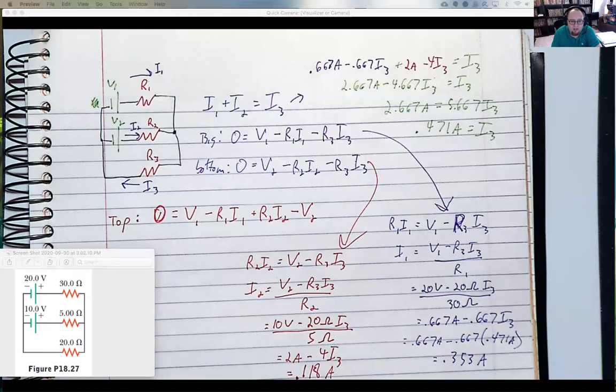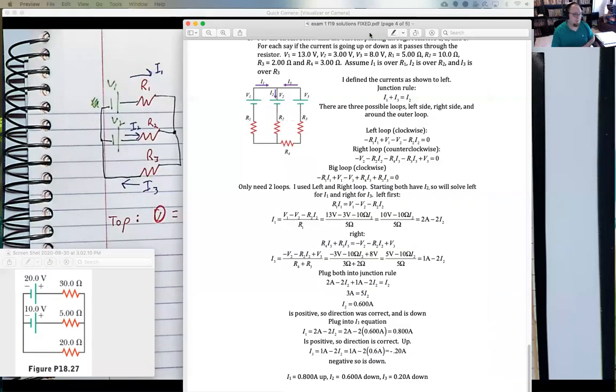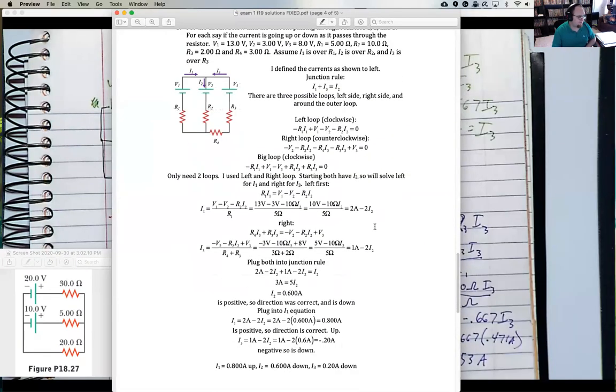There's somewhere that I did one with it backwards. Maybe it was last semester's exam. Okay, last semester's exam. So this is the problem I did Monday.